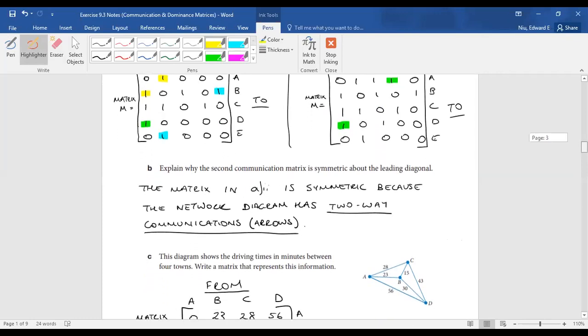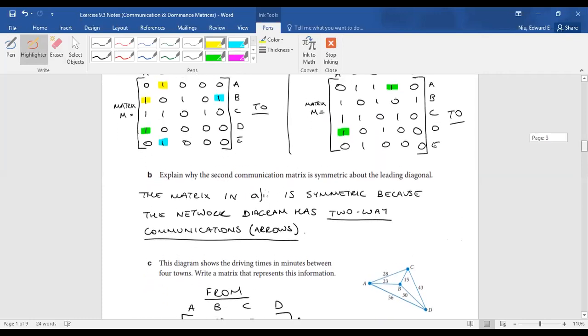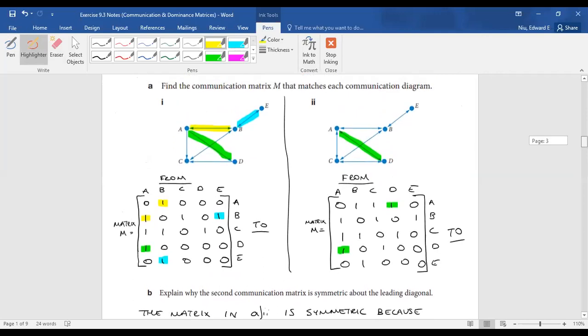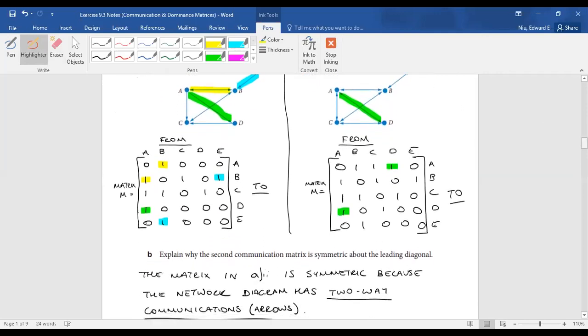Part B, explain why the second communication matrix is symmetrical about the leading diagonal. So if we're just talking about this, notice how the diagonal is 0 because there's no looping path. It would be a bit silly to communicate sometimes with yourself.